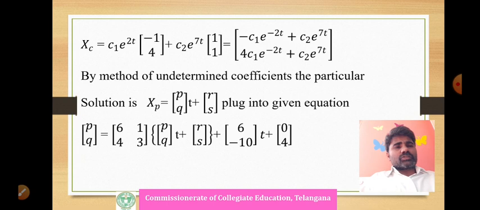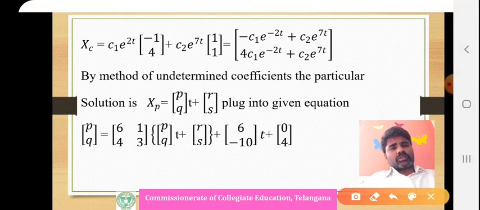By adding these two vectors we get (-c1 e^(2t) + c2 e^(7t), 4c1 e^(2t) + c2 e^(7t)). This is the complementary solution corresponding to the given problem.